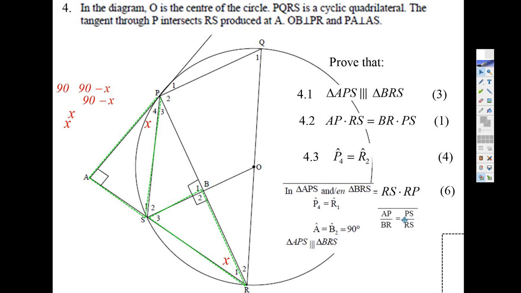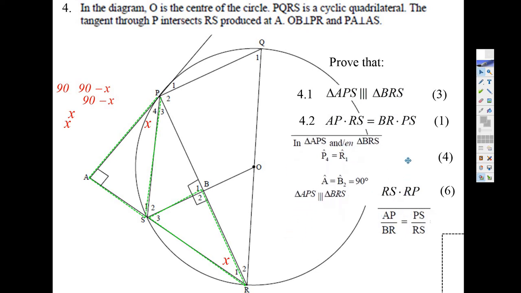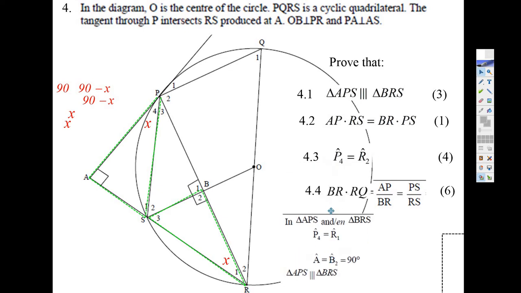Let's bring it up there like that. We can just put the letters, AP goes with BR. They're proportional because they're similar triangles. AP over BR equals PS over RS. Well, that's it. Why? Because they're similar triangles. And then we just cross multiply and we get the answer. That's why it's only 1 mark.